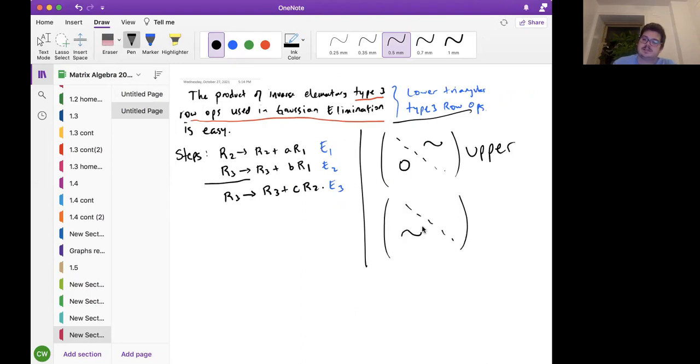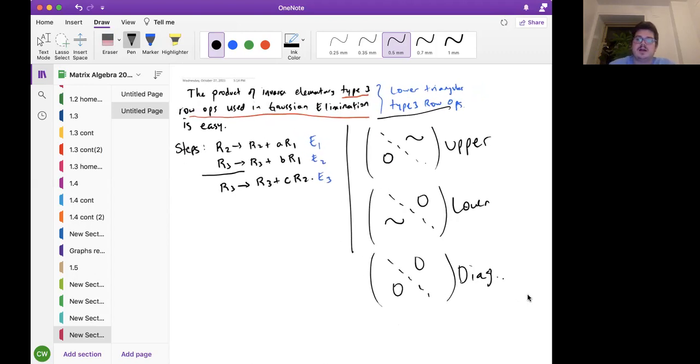It's based on where the zeros are. If the zeros are in the upper part, then it's lower triangular. And if there are zeros both upper and lower, then it's diagonal.